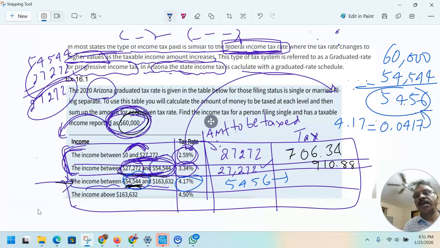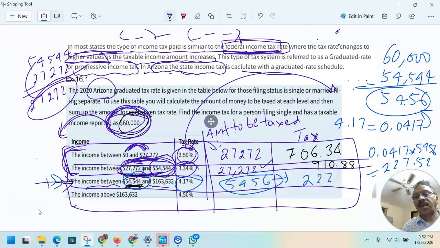So your tax for the third slab will be 0.0417 times this amount. If you do a little maths there, you end up getting 227. So that goes here, 227.